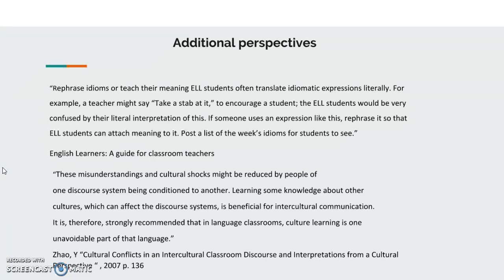In our research, we used this lecture from class, English Learners: A Guide for Classroom Teachers, where it says that we might need to rephrase some idioms or meanings for ELL students. This can apply to this situation, because not every word means the same in every language.